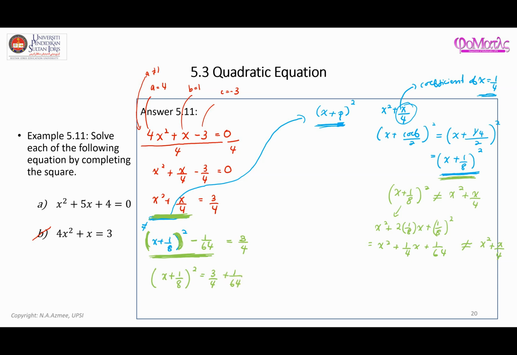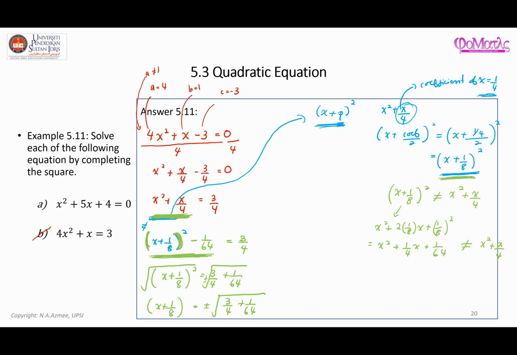Next, if I want to get rid of the exponent, I need to introduce a square root. So the same thing must also be introduced on the right hand side. And therefore, I will have x plus 1 over 8 is equal to plus minus the square root of 3 over 4 plus 1 over 64. Sorry, this must be plus minus, I missed it.